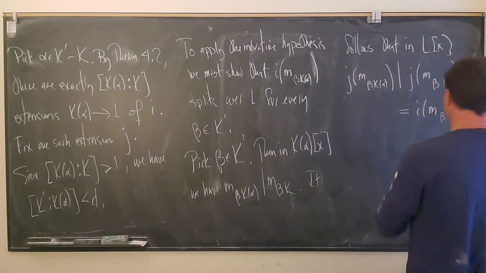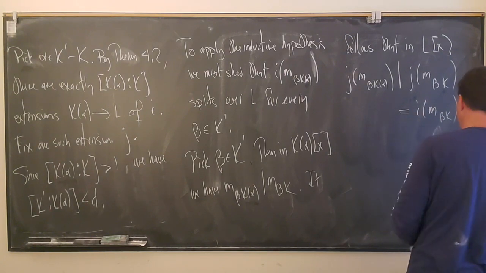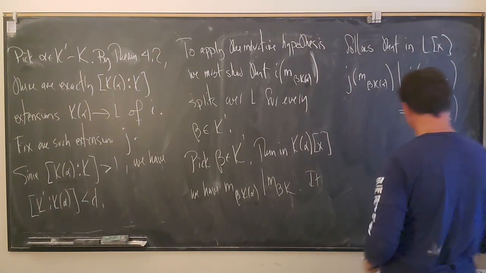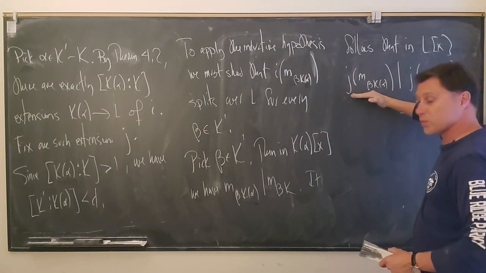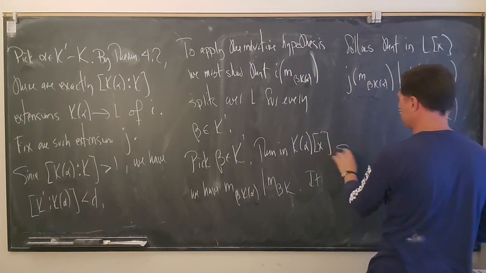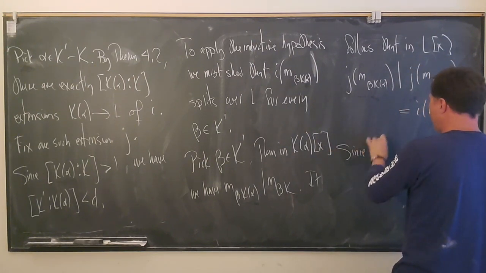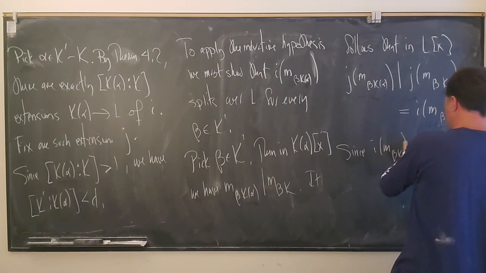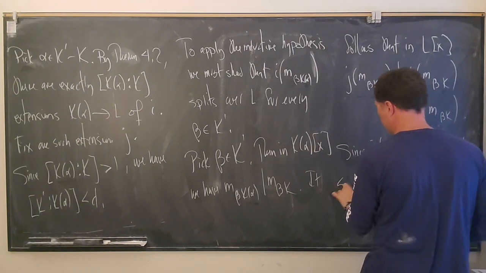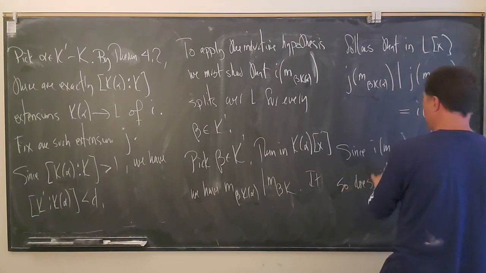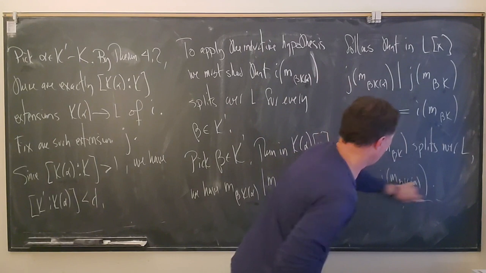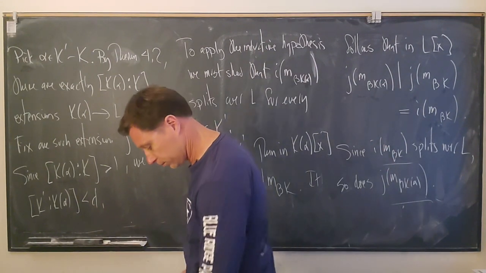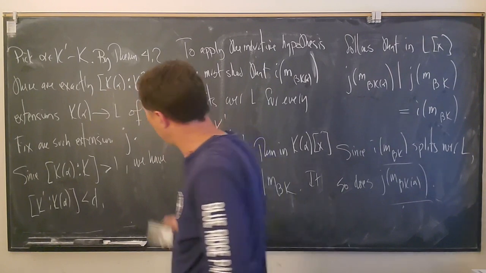Now, we assumed, right, that for every beta, this guy splits. So since I of m beta k splits over L, so does J of m beta k adjoin alpha, right, because this one divides that one.